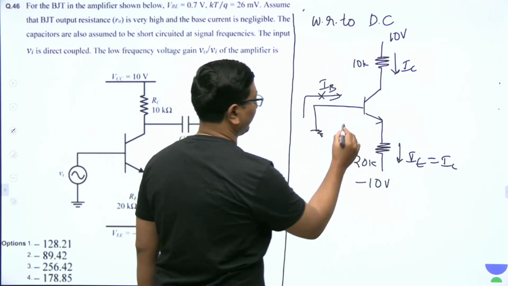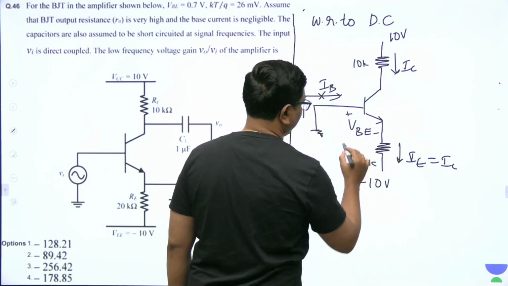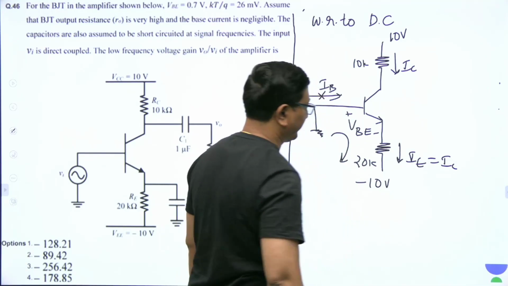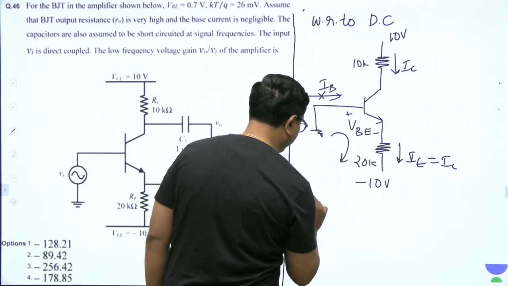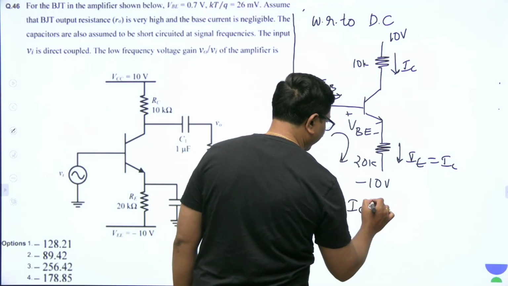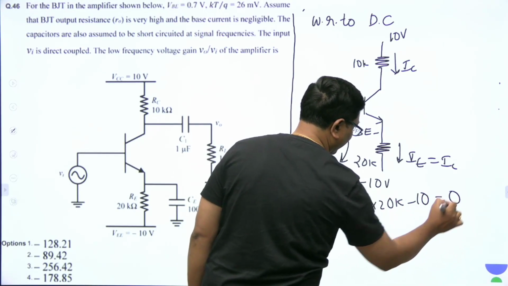So how to find its value? VBE. If I take this loop equation, from this loop equation I can write IC or IE directly. So what we can write? It is VBE plus IC into 20K minus 10 is equal to 0.